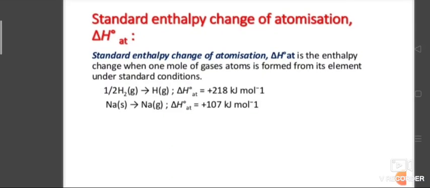So atomization is the formation of free atoms from the standard state of elements. In the standard state, elements will be present as gas, liquid or solid. From that, atoms are formed. That is known as atomization.